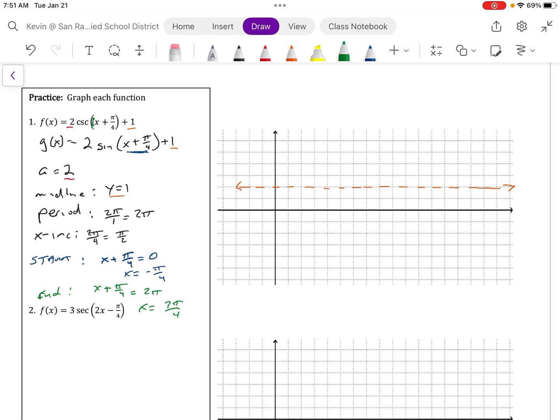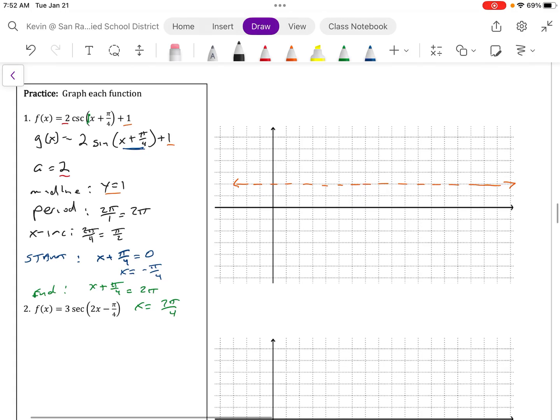So let's use that to graph our sine. I'm going to do it in red. Let me go ahead and go negative pi over 4, 0, pi over 4, 2 pi over 4, 3 pi over 4, 4 pi over 4, or pi, 5 pi over 4, and I know that I'm going to end at 7 pi over 4. Why am I doing it pi over 4 instead of pi over 2?